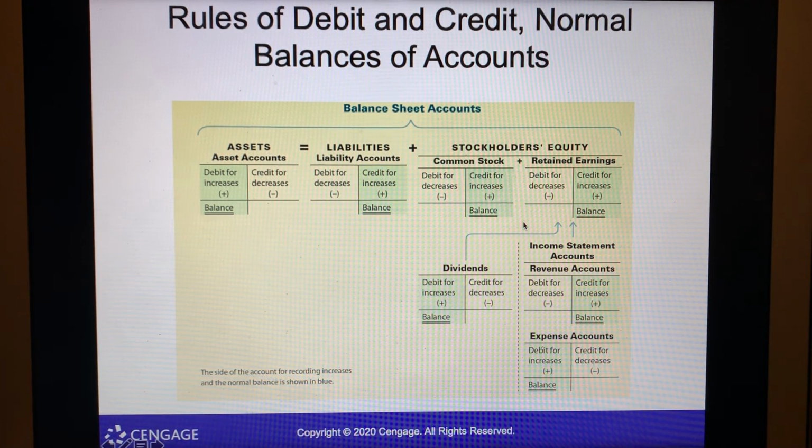If you watch my video, your income statement closes out into your statement of owner's equity, or stockholders' equity, and then that stockholders' equity ends up going on the balance sheet. So it's a really nice system. I like systems, and if you're really good at understanding systems, accounting's a path for you.